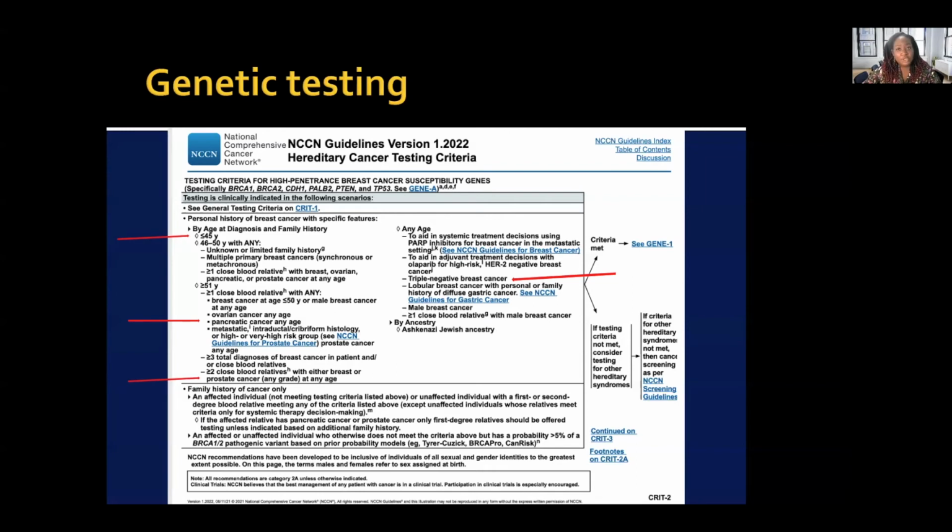Now, it's important to know that when we say genetic testing, we're not just jumping right to the blood work and the patient getting their labs drawn. There's actually genetic counseling that occurs before genetic testing. Genetic counseling is done by genetic counselors, who can be graduate level trained genetic counselors.